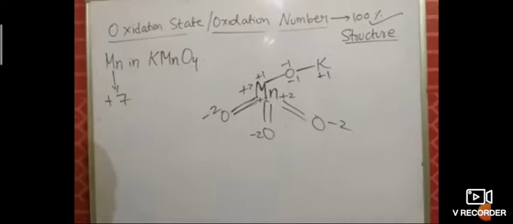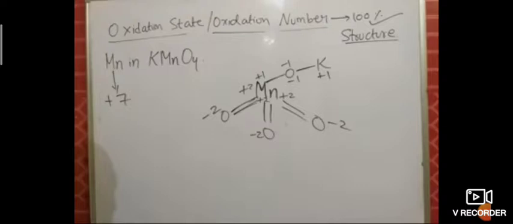Look at the oxidation state of manganese here, in KMnO4. For K you know that is plus, and oxygen is minus: for a double bond it is -2, and for a single bond it is -1.